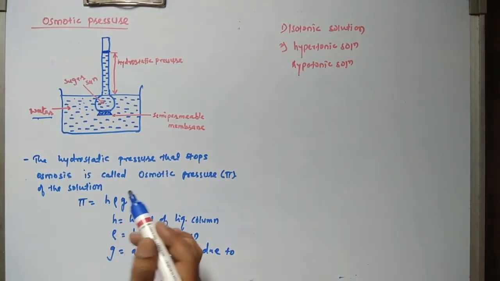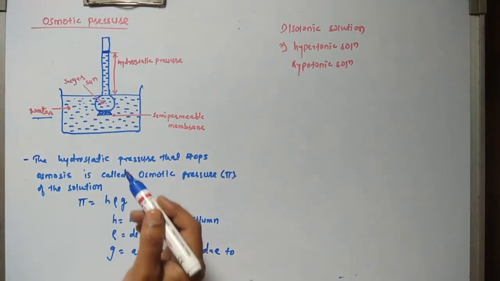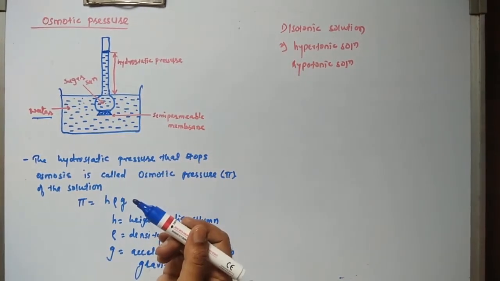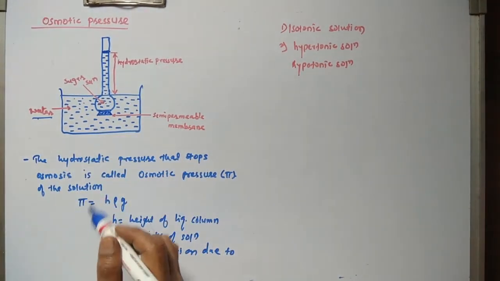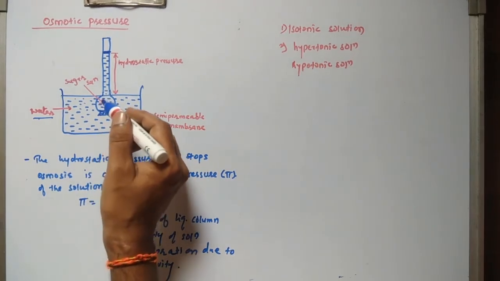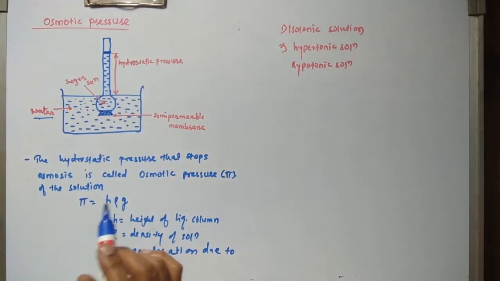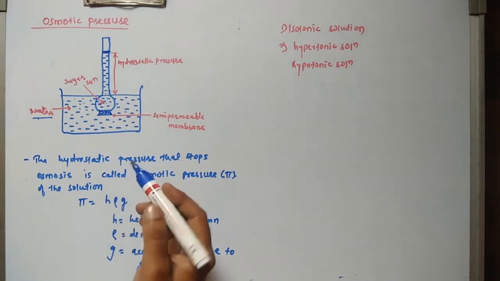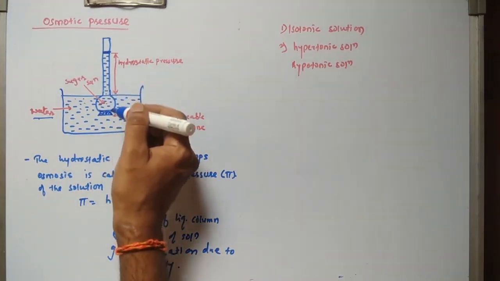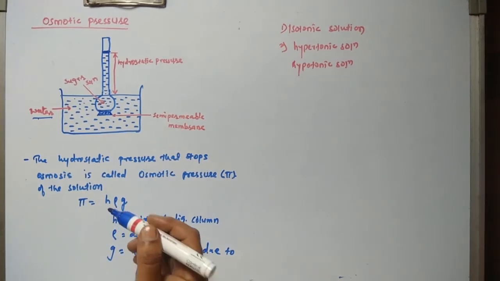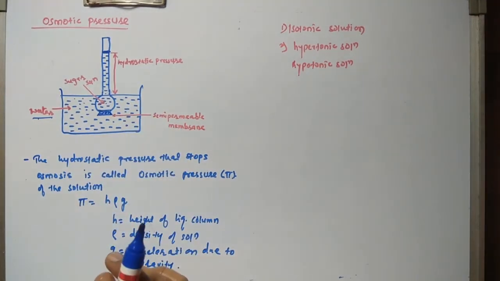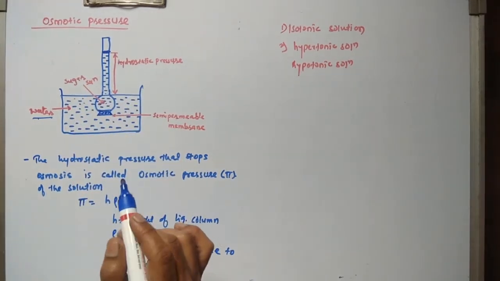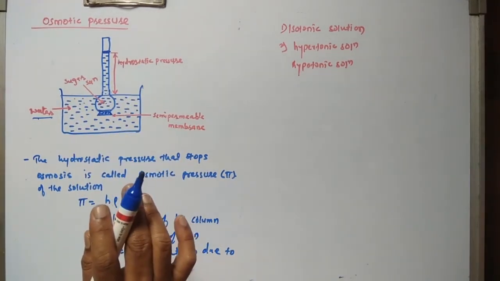At this stage, the hydrostatic pressure developed is sufficient to force solvent molecules back through the membrane into the container at the same rate they enter the solution. An equilibrium is established where the rates of forward and reverse passage of the solvent are equal, and the height of the liquid column remains constant.